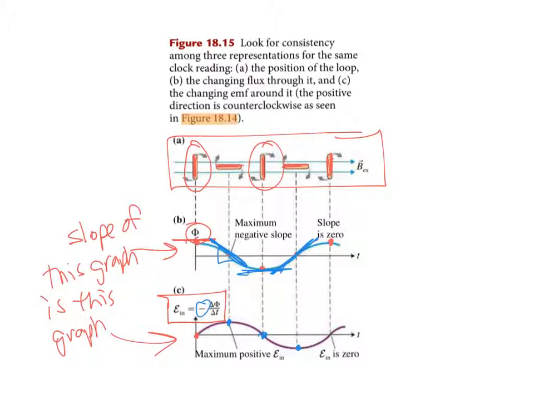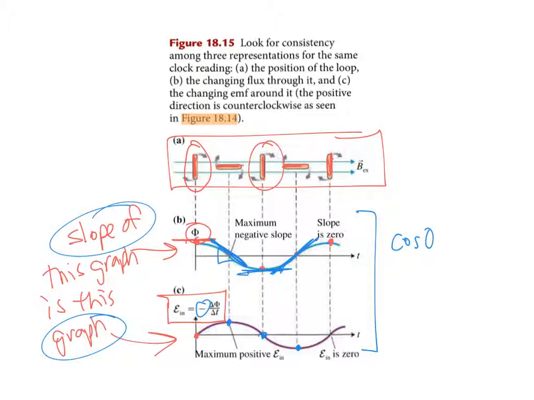So again, slope of this graph is the value on this graph down here on the bottom. So that is probably the most valuable part of understanding the induced EMF as it changes. And notice these are 90 degrees out of phase because this is cosine theta, this is sine theta.